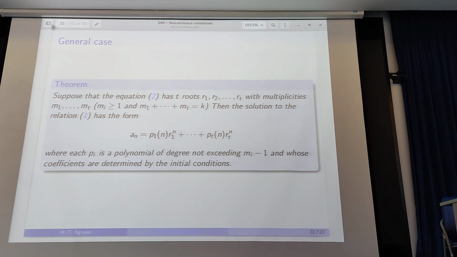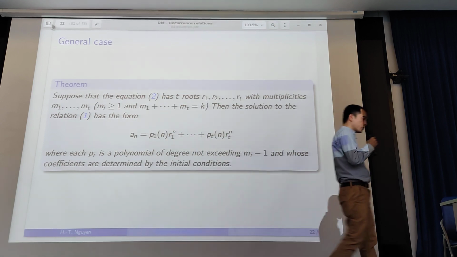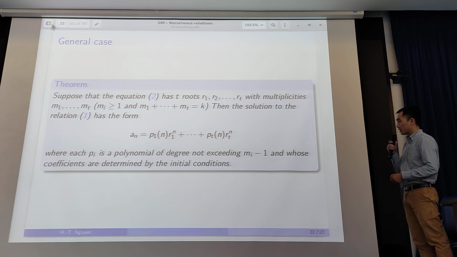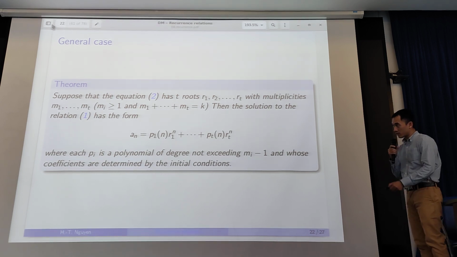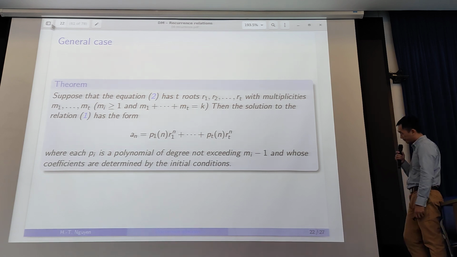So remember, it is a polynomial in n, but not in R. And the degree of each polynomial is smaller than or equal to the corresponding multiplicity minus 1. So in this example, the multiplicity is 2, so the degree is 1 or 0. Okay, so here if beta is 0, then the degree is 0.